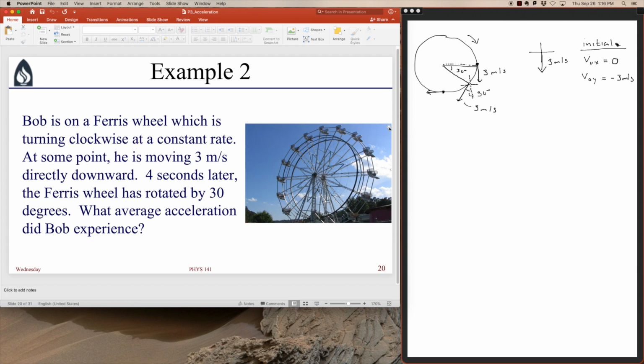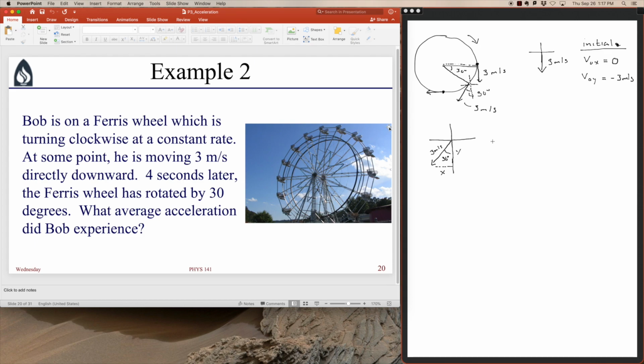So if I redraw his final velocity vector with its own coordinate system, his velocity vector has a magnitude of 3 meters per second, and makes an angle of 30 degrees with respect to the negative y-axis. So then I can think about splitting this vector into an x and a y component.